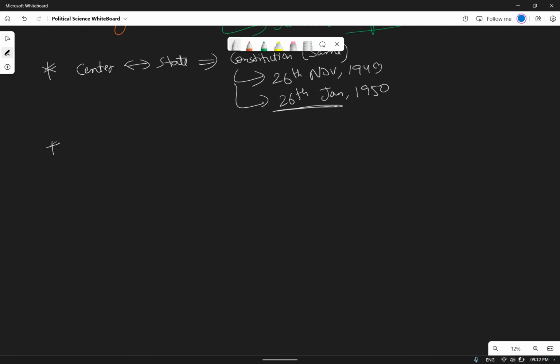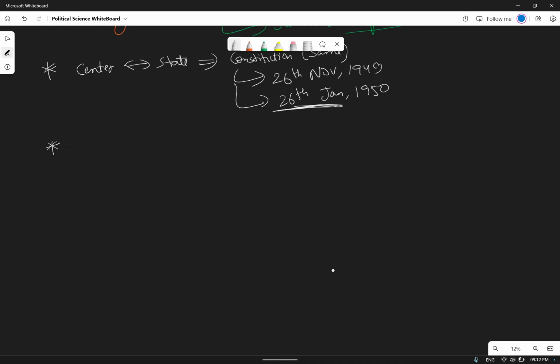Okay, and this date was taken because of Pandit Jawaharlal Nehru, because 10 years back they pledged that we will get independence on that day, but it was not successful.